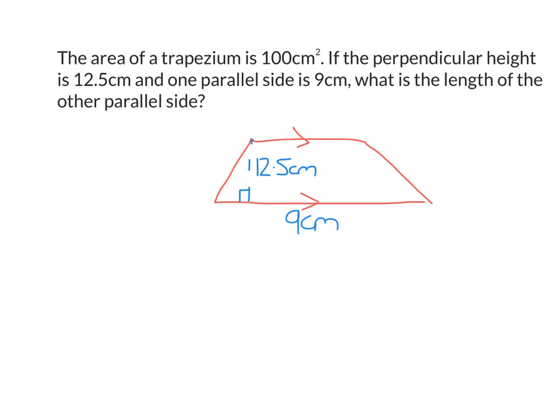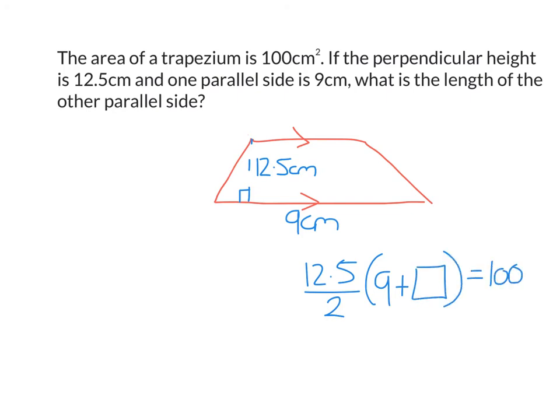So this is what we know. We know that the perpendicular height, when I divide it by 2 and times by the sum of the two parallel sides, I should get 100. So what that means is that 12.5 times the sum of the two parallel sides must equal 200.